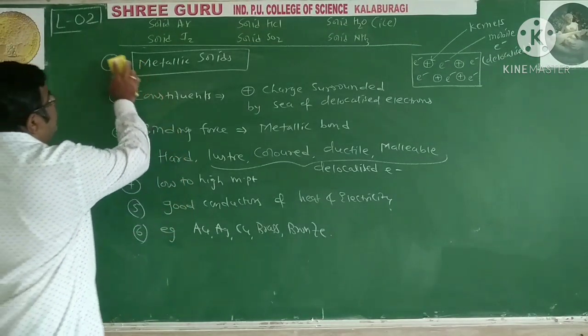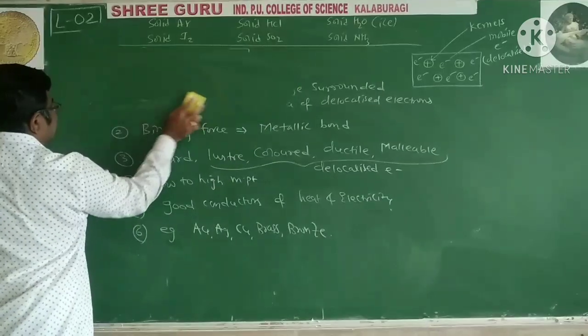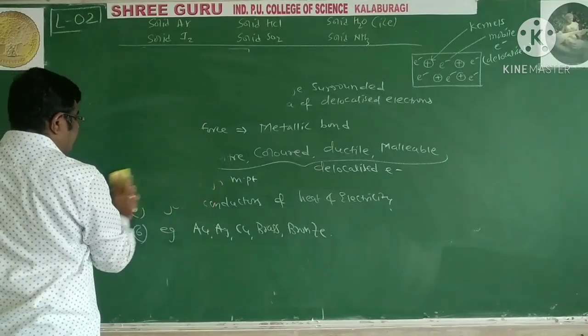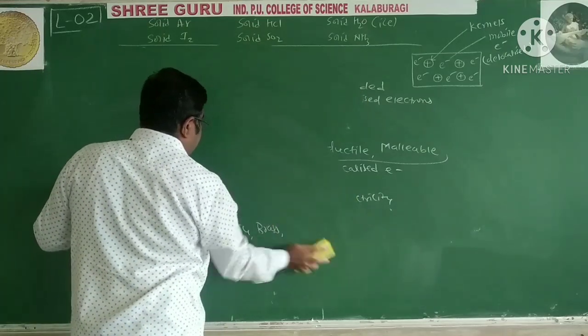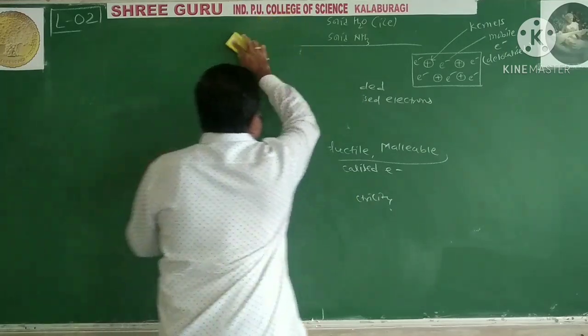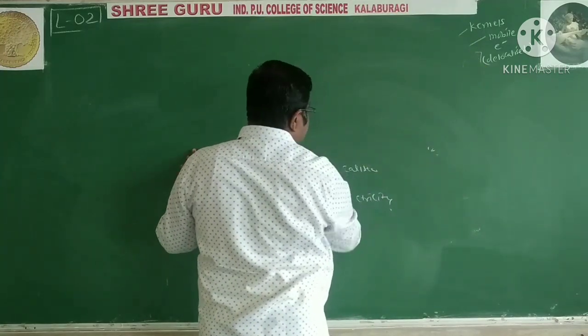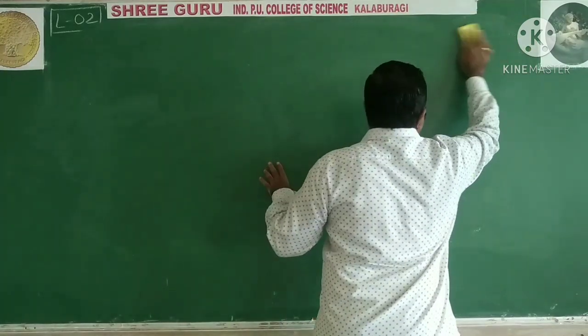Now the last type of crystalline solid is the covalent or network type of solid.